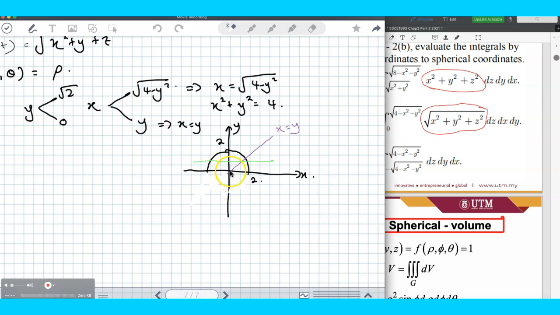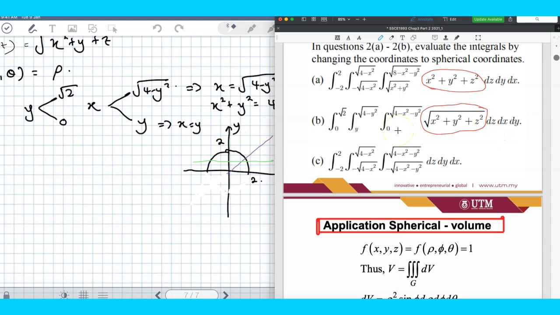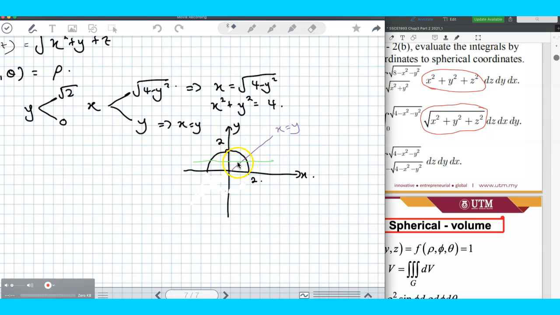So the horizontal line is lying between 0 and square root 2. Let me check, so this is 2. So where is square root 2? We know that for this line, when x equals 0, y equals 0. When y equals square root 2, x is also square root 2.